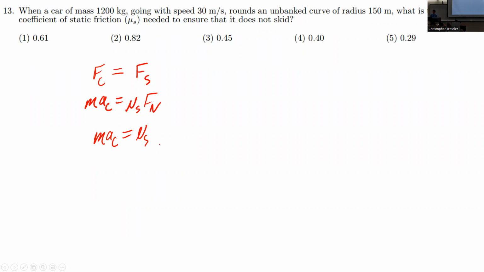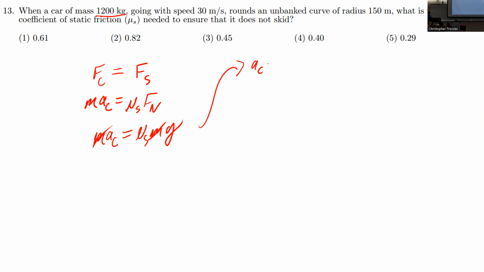So now notice something kind of interesting here, right? Notice that there's two m's. What does that mean? They cancel out. Well, we'll see in a second if I get this correct, but if there's two m's in the answer, they cancel out. Do we really need this 1,200 kilograms here? I guess not. Cool.